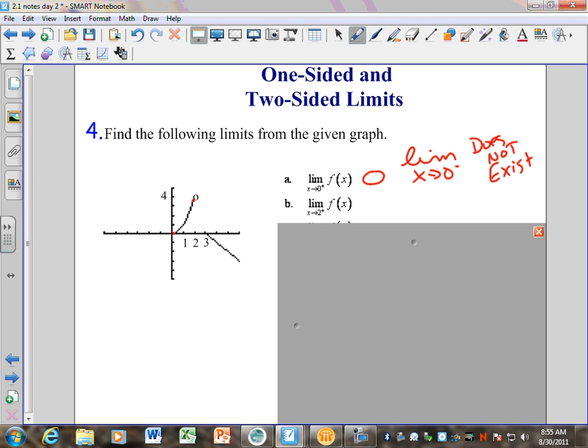If we're coming from the right, we're coming from this direction, yes? So coming from this direction, I'd be on this graph. And it just stops right there at 3, right? So is there anything happening at 2 when I'm coming from the right? Kind of tricky, right?